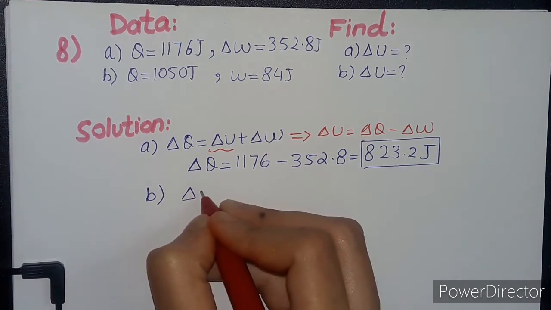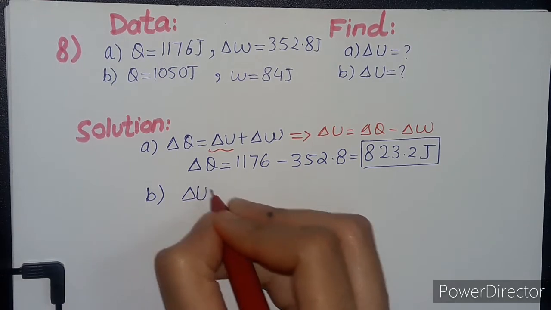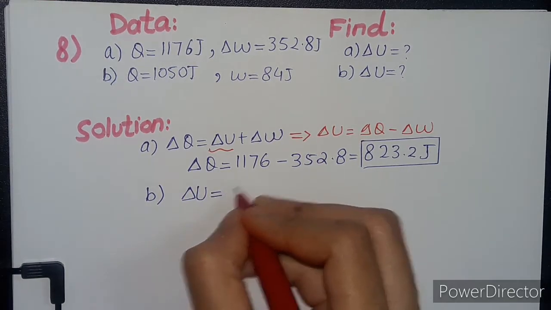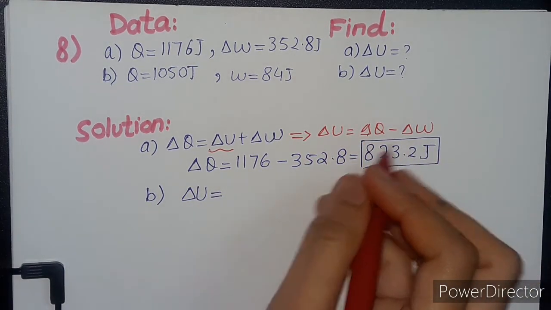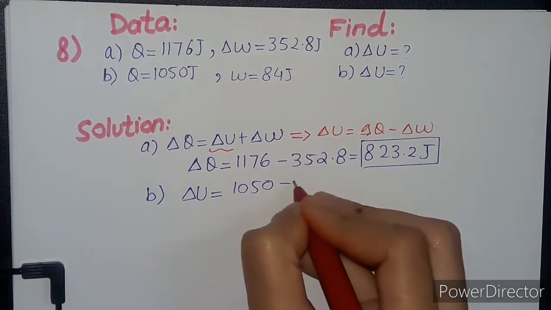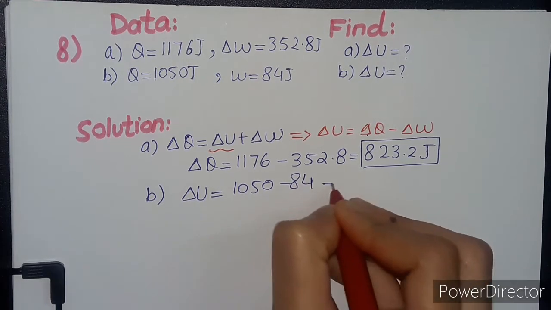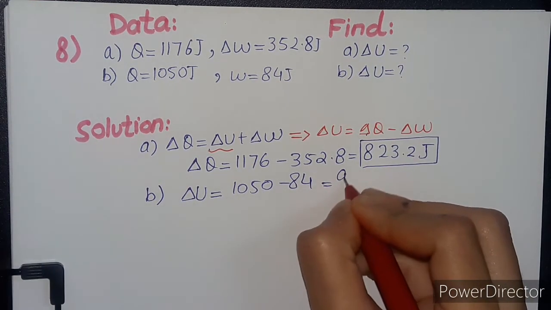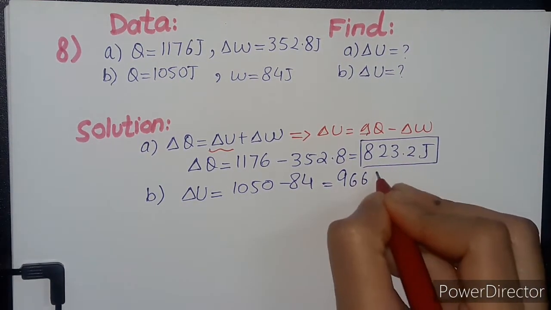Now I am directly putting the values. Del U is equal to 180 minus del W, which is 1050 minus 84. We get the answer 966 joule.